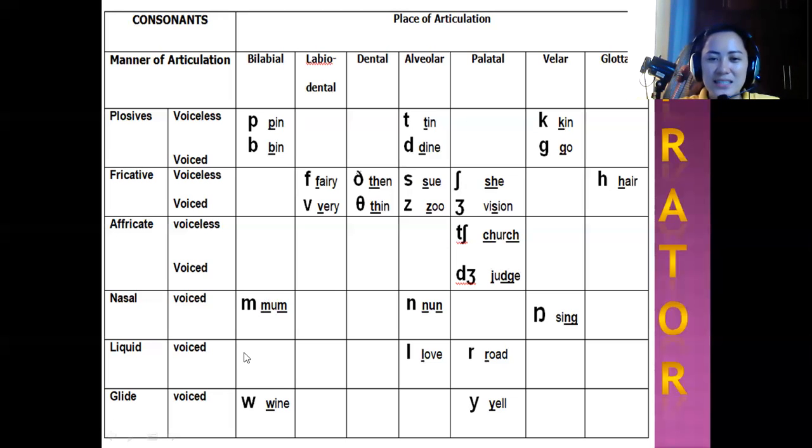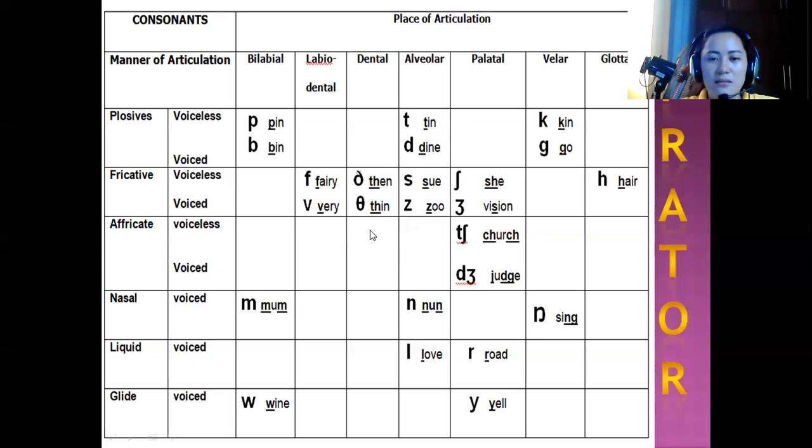Next, we have the dental, like the, the. This is inverted in my chart. I stand corrected. This is the voiced and this is the voiceless. Okay, take note of the correction.